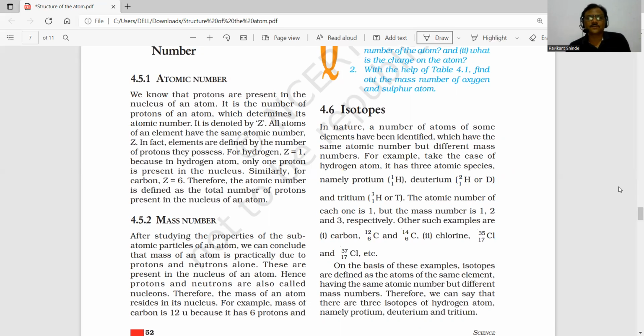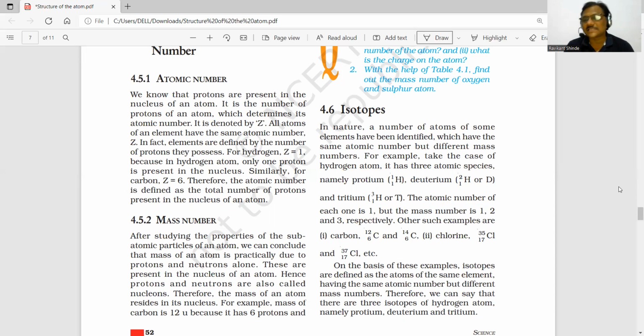And if you are talking about electrons, they are present around the nucleus, right? Atomic number, by definition, is denoted by the letter Z, and it is the number of protons present inside the nucleus, which is equal to the number of electrons present around the nucleus.